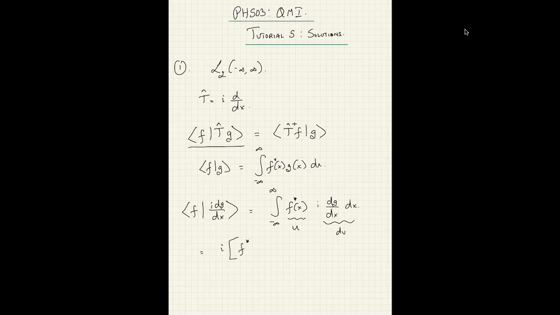So this is f star of x. The integral of dv is just v, which is g of x, between the limits minus infinity and plus infinity, minus integral v du. v is g of x, du is df star, which I can write as df star/dx dx. Okay.